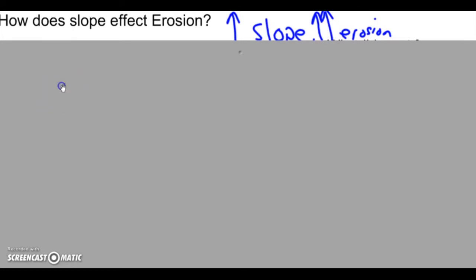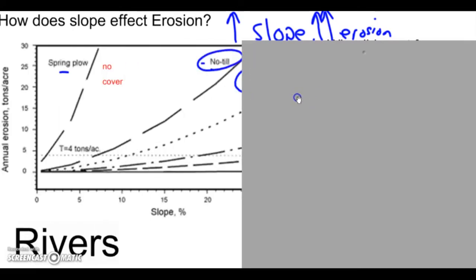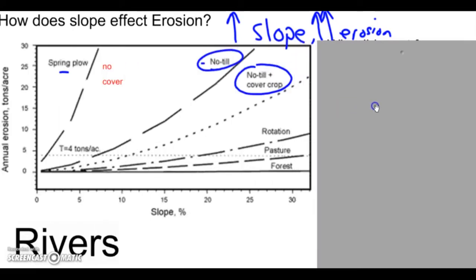Now I've got a graph here. The bottom part of the graph has to do with the slope. Here is zero slope, a horizontal line, and then moving across here, this is sloping higher and higher, kind of like this line. So here's slope 0.